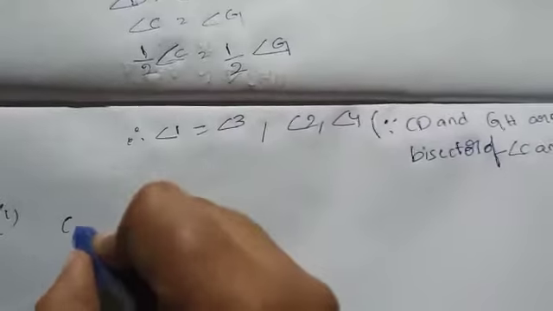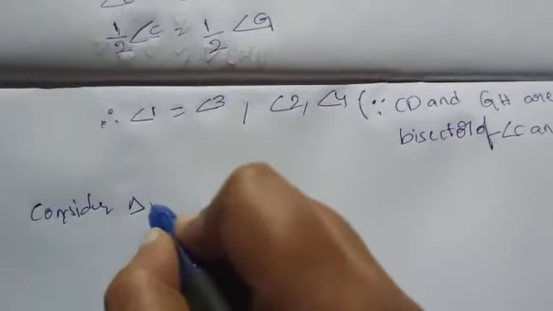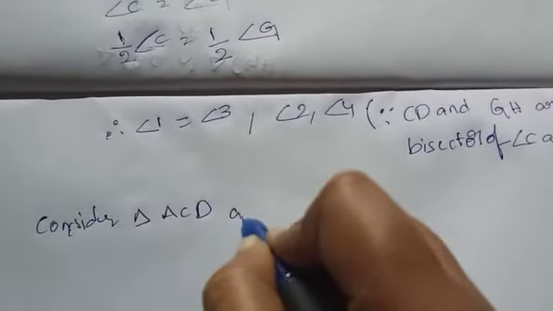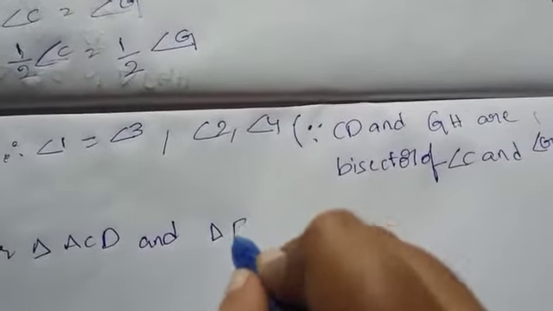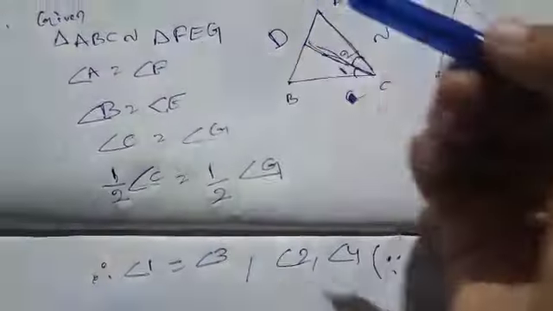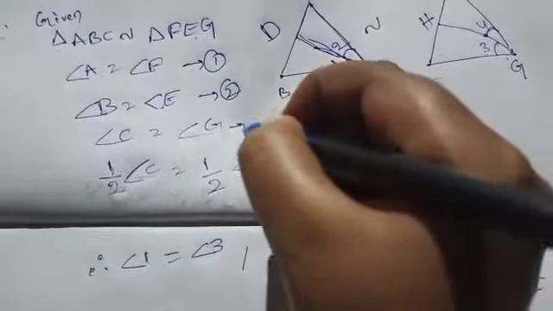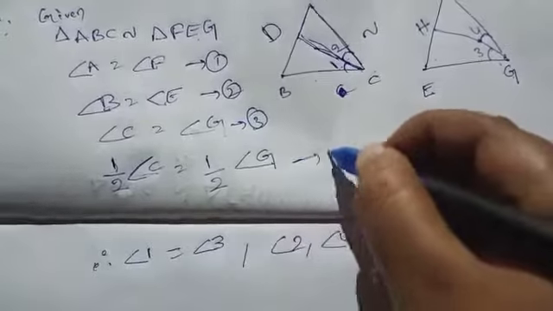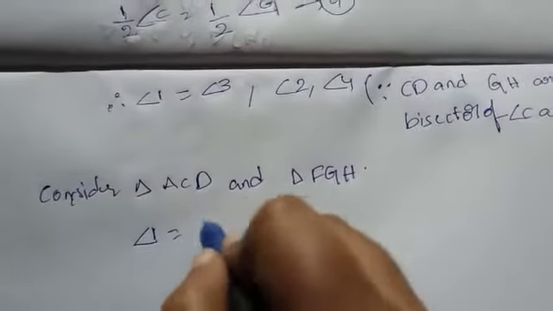Consider triangle ACD and triangle FGH. We know angle A equals angle F. Suppose this is 1, 2, 3, 4. Angle 1 equals angle F.